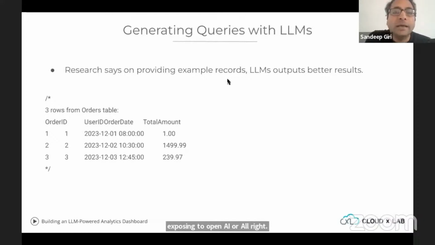A question from KR is, I have data in Elasticsearch or MongoDB. Can I use an LLM on top of it? From a non-technical perspective, what are the do's and don'ts, and do I need any custom modules? The data you have in Elasticsearch is basically plain text, not structured data. For generating SQL, you need the data in tabular form, which we call structured data, so you'll need to translate your data into a structured format to use SQL.